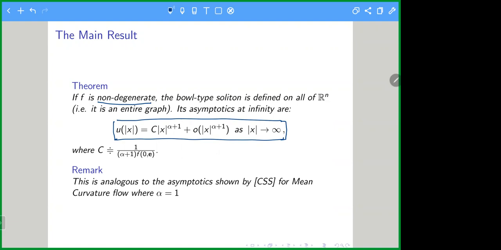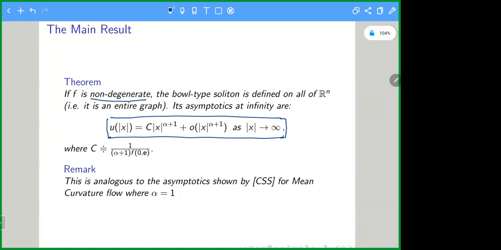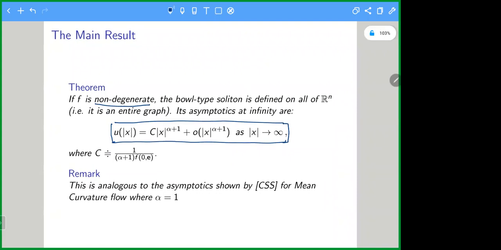This is in general not going to look like a paraboloid as in the mean curvature case, but the mean curvature case is a particular case of this result, because if I put alpha equals 1, which is the homogeneity of the mean curvature flow, you do get a paraboloid. So this result says that this phenomenon is very general and holds for all homogeneities.